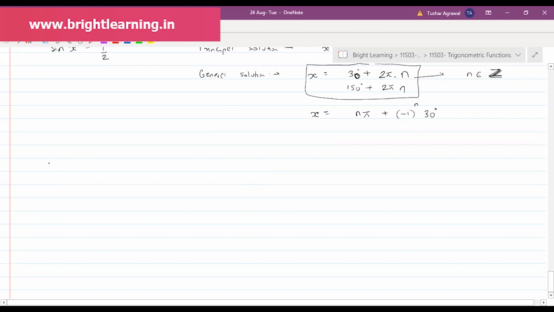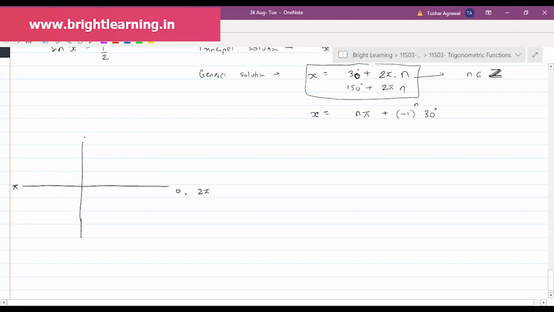Like if I just tell you pi radian, it should immediately click to you that pi radian is over here. This is 0, or you can also say this is 2 pi.